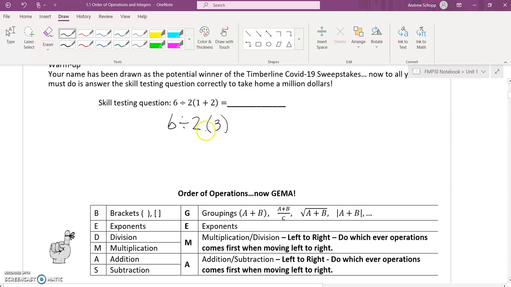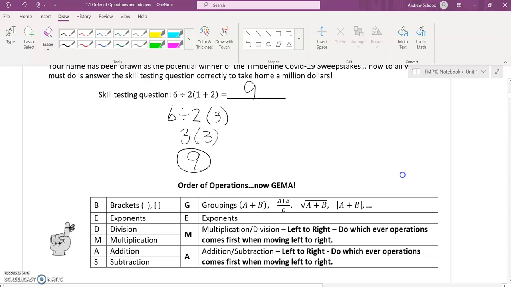We have division and multiplication. Working from left to right, we should first simplify the division step. So 6 divided by 2 is 3. And then the last piece would be multiplication. 3 times 3 is 9. So if you answered 9 on the skill testing question, you could have just won yourself $1 million. If you didn't, too bad, so sad.